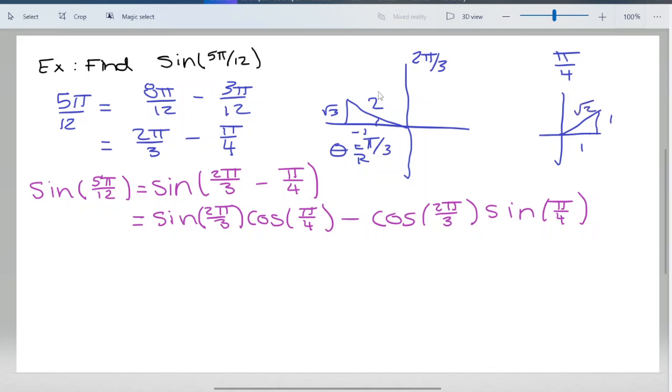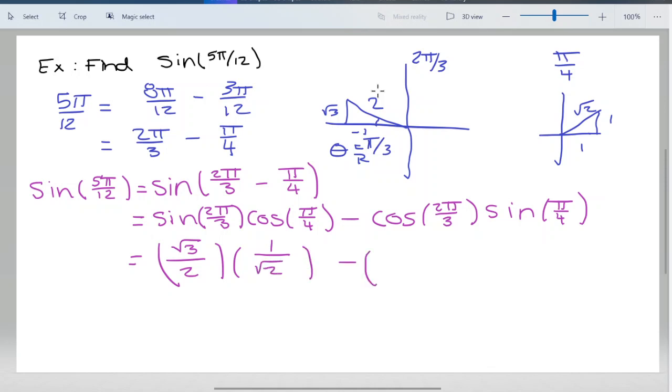So when we go to evaluate these, I'm going to have sine of 2 pi over 3, so that's going to be root 3 over the hypotenuse 2, and then cosine of pi over 4 is going to be the adjacent side 1 over the hypotenuse root 2.